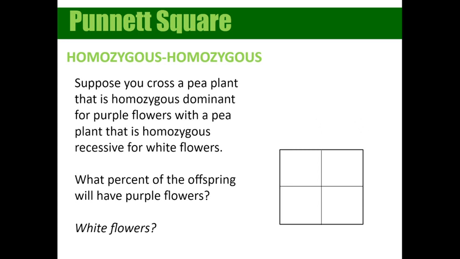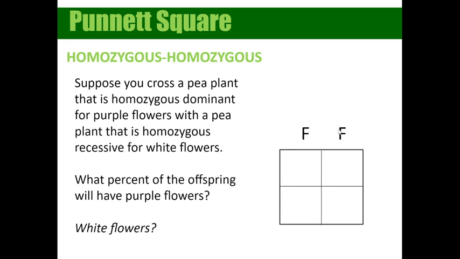When you're trying to solve these problems, make sure that you determine what is homozygous or heterozygous and what is dominant and recessive and which phenotypes go with those genotypes. Here we can see that homozygous dominant is a purple flower, while homozygous recessive is for white flowers.